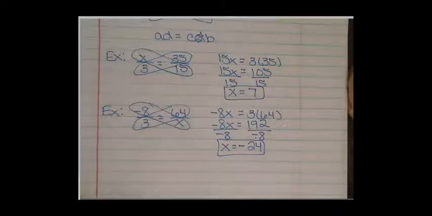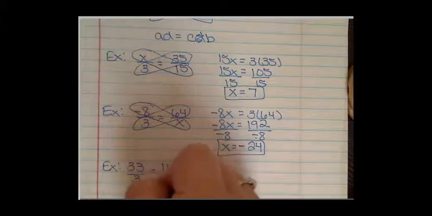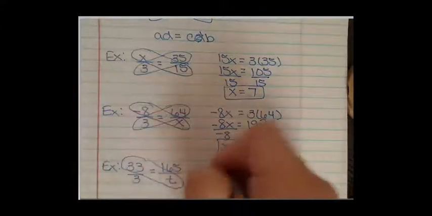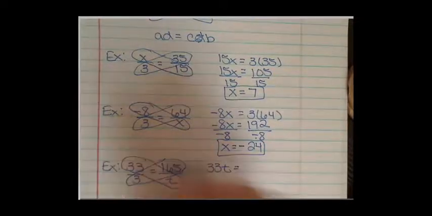One more. We have 33 over 3 equals 165 over t. Cross multiply. We have 33t equals 3 times 165. 33t equals 495.